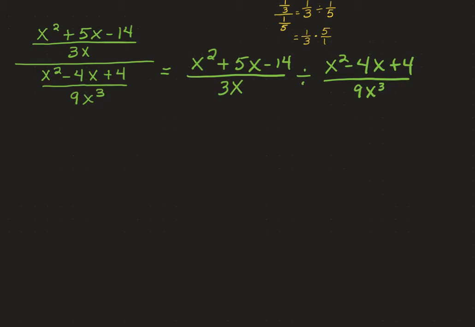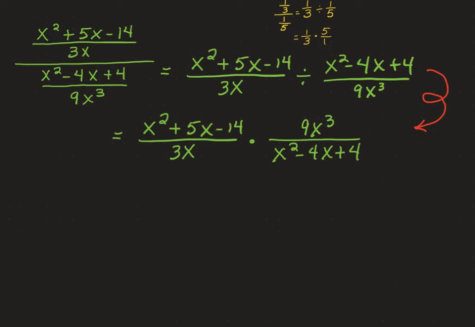So that ratio was originally in the denominator. This is equivalent to our first ratio multiplied by the reciprocal of the second.